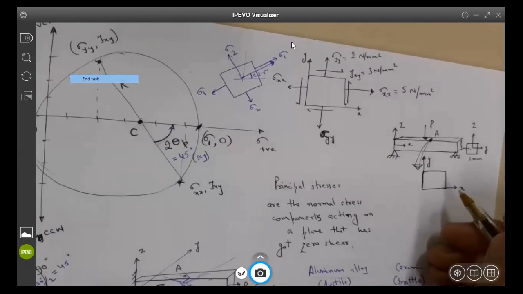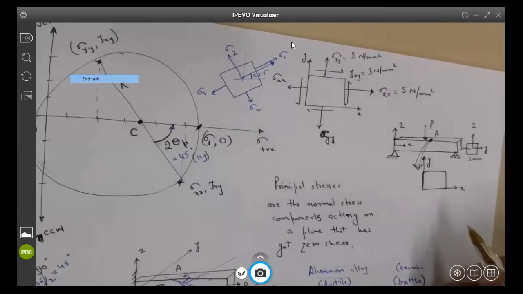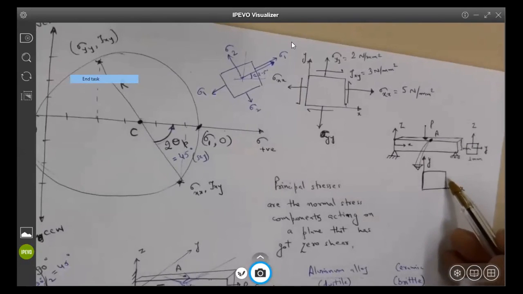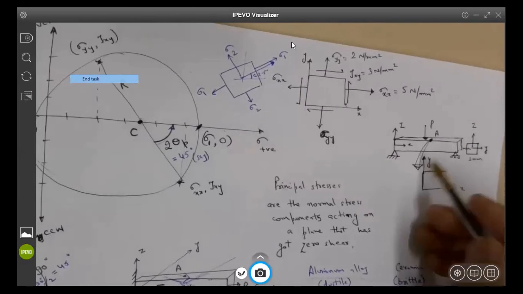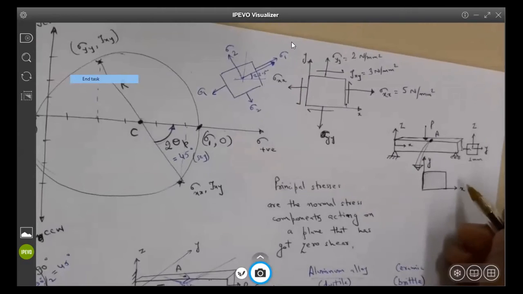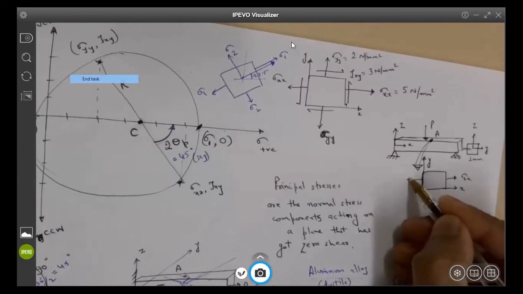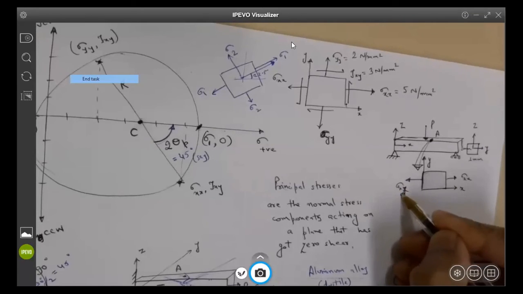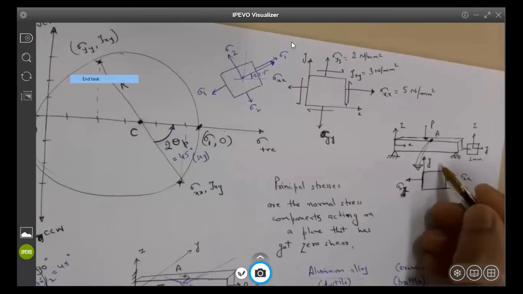Okay, can somebody volunteer and tell me what stress components will be acting on this stress element lying on the top surface? We would have a sigma XX. Yeah, perfect. Sigma YY would be 0.